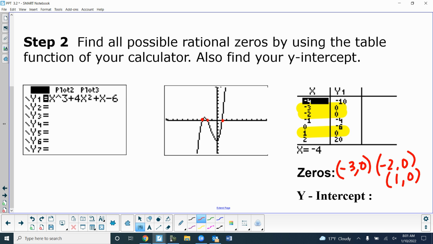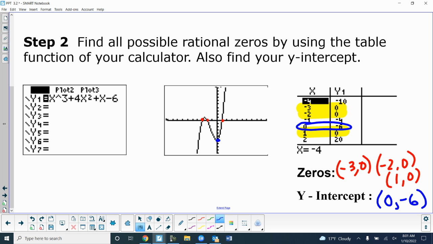Now the y-intercept is where it crosses the y-axis, right? So that's when x is 0. Okay? So that would be this one. And if you're having trouble finding that, the easy way is just go to the table and look for when x is 0.